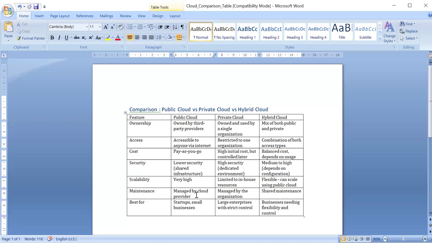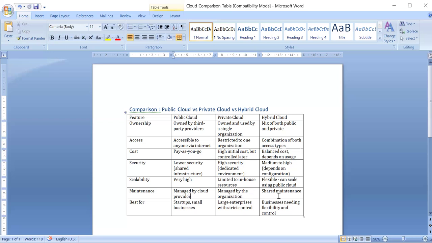And next is maintenance. In a public cloud, the cloud provider handles updates, repairs, etc. But in a private cloud, your company's IT team members do all the maintenance. So the maintenance is done by your team only. In public cloud, maintenance is done by the providers.